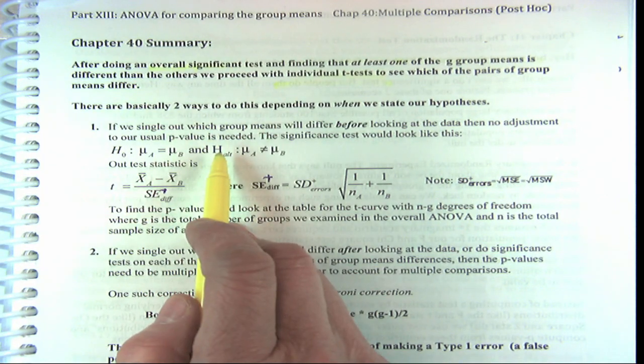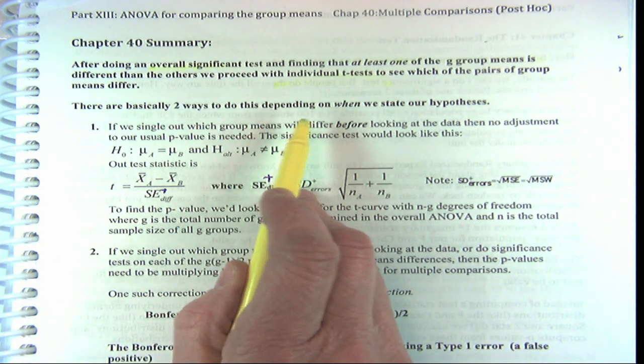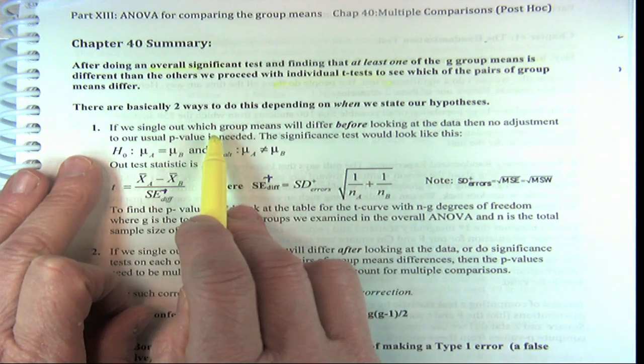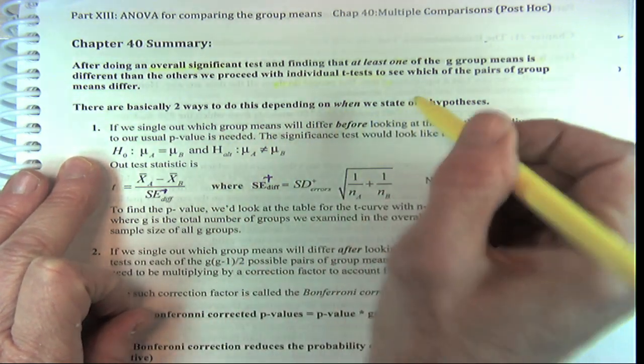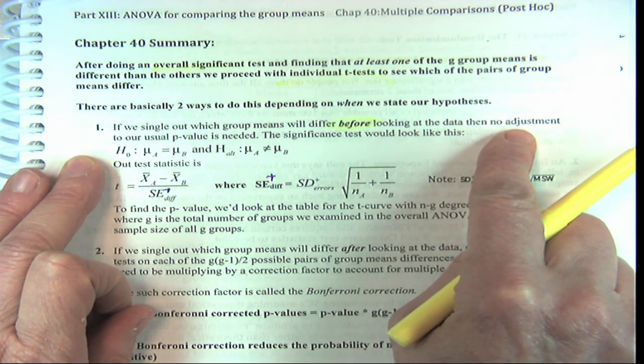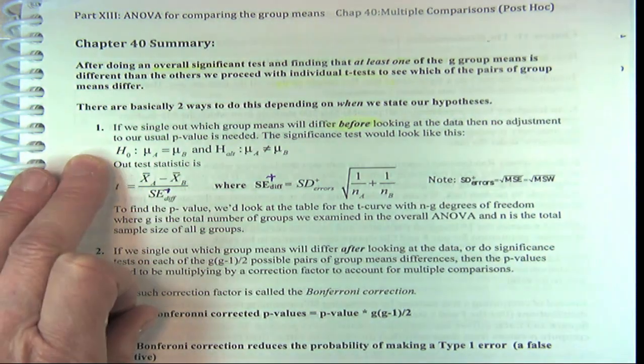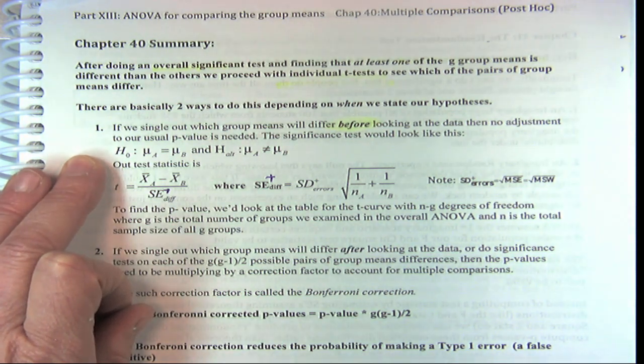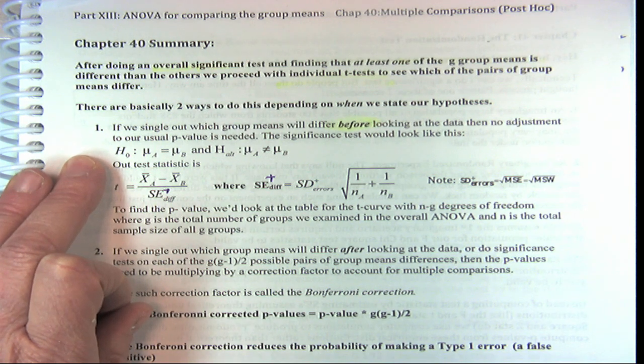So now there are two ways to do this. If we single out which group mean will differ before looking at the data, then you don't have to use any kind of correction, because we're saying ahead of time that we're singling out one test. We're not going to do multiple tests. We're saying we think it's going to be this one ahead of time.